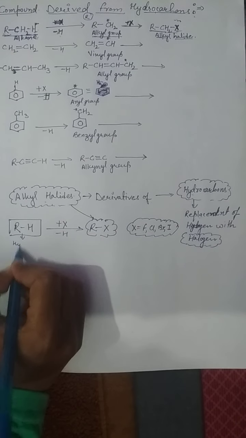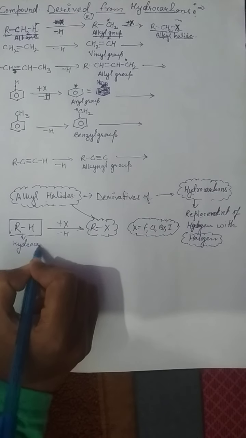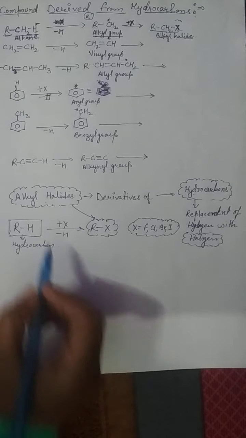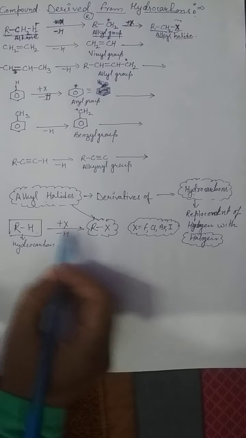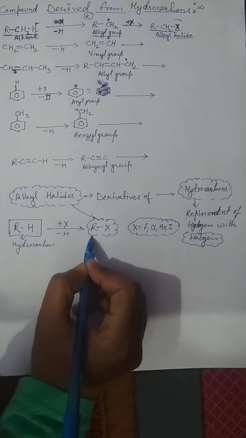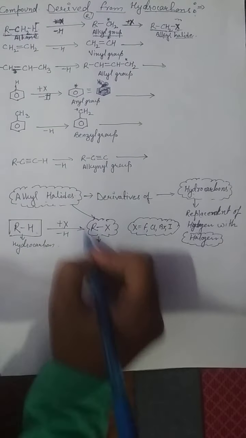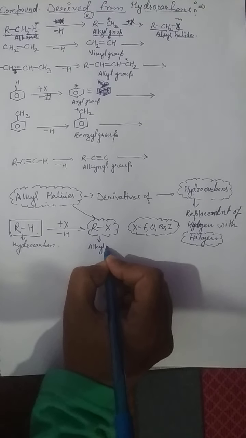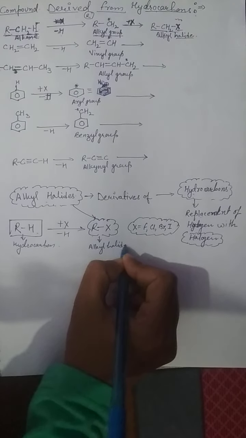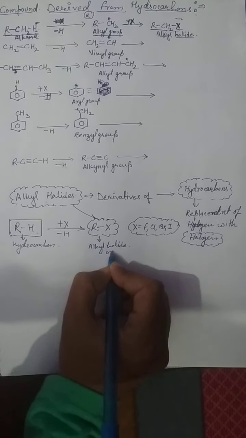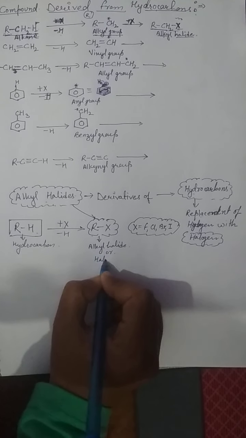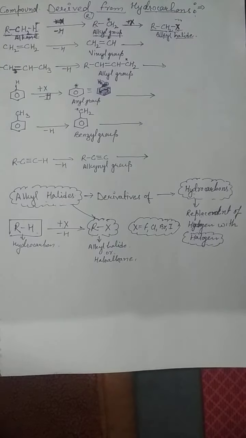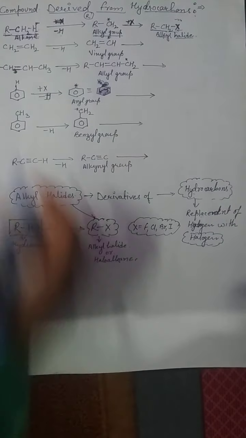If we replace the H with the X group, it leads to the formation of RX, and this compound is called the alkyl halide in common form. In IUPAC nomenclature it is called the haloalkane. Is it clear? Now see the second example.